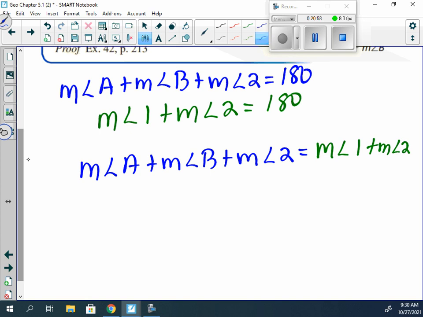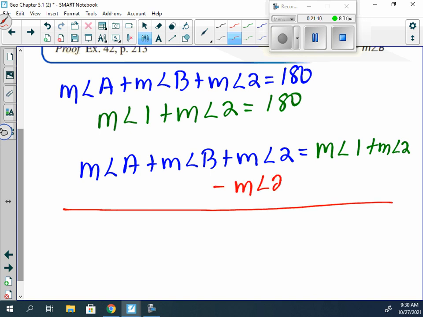That's fine and dandy, yes? But what is the same thing on both sides? The measure of angle 2, yes? Well, realistically, I could subtract it from both sides. Because no matter what that measure is, if it's the same on both sides, I can take it away from both sides.